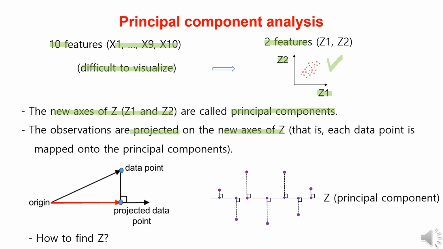That is, the data points are mapped perpendicular to the Z axes, just as we discussed in the previous eigenvectors and eigenvalues video. The question then arises, how do we find these new axes or principal components, Z1 and Z2? Let's explore how to obtain these principal components in the next slide.